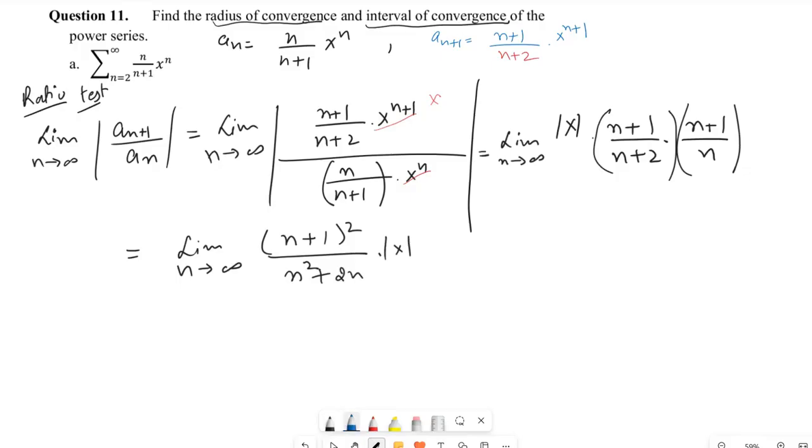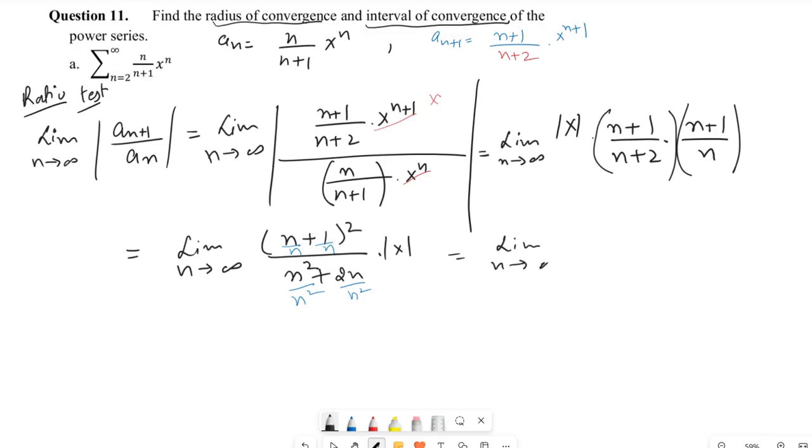Notice the highest power of n in the denominator is n squared. So I'm going to divide everywhere in the denominator by n squared and everywhere in the numerator by n squared. But since the numerator is squared, when it goes inside, it looks like n only. So what do we have?